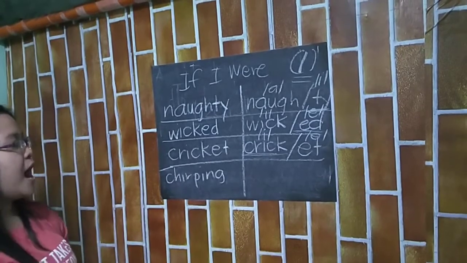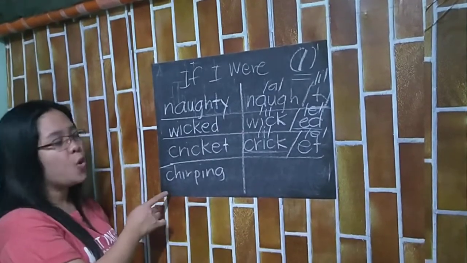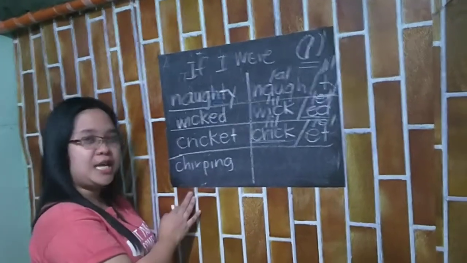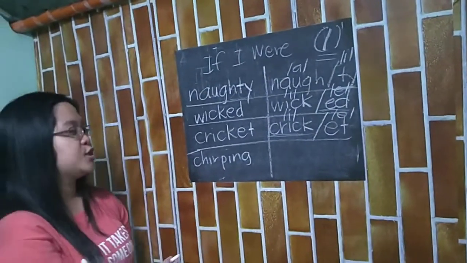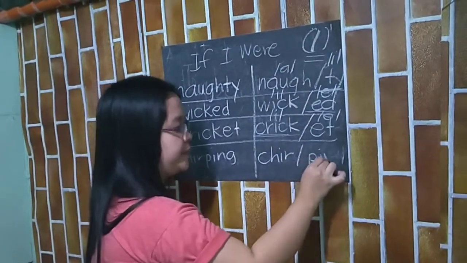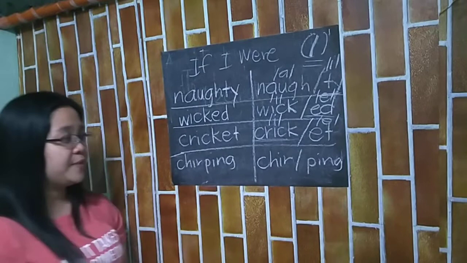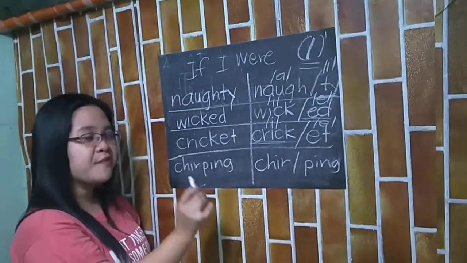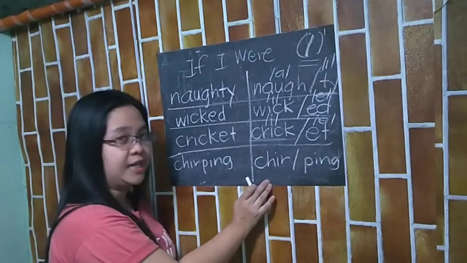Okay, now, how about on our last word, chirping? So, how many parts can we get here from the word chirping? So, we have chirp and ing. Now, let us read them again. Chirp and ing. Can you hear a vowel sound on each part?